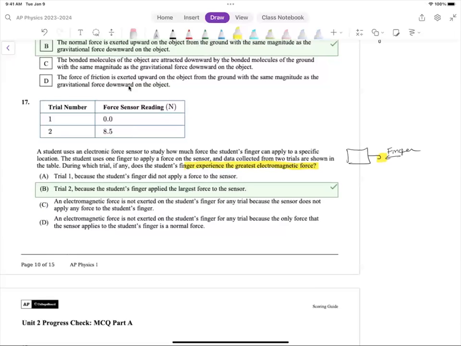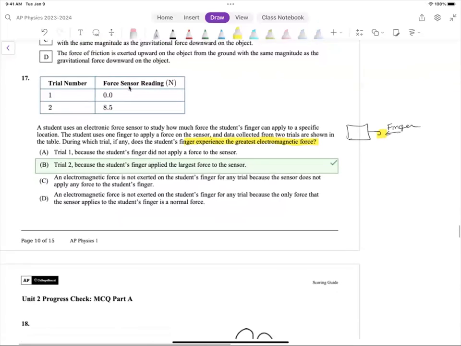Okay, therefore, that's what they're talking about, force normal. Trial 1, because the finger does not apply a force to the sensor. Nope. If I have trial 1, I have no force normal. Trial 2, because the finger applies the largest force to the sensor. Okay. I don't know what C is. That's not true, and that's not true, D.